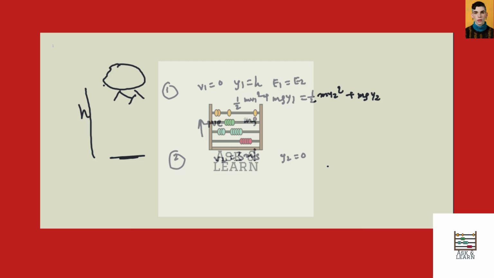So we have mgh, because this velocity is 0, equals on the right hand side half m V2 squared, because Y2 is 0 here. So if you solve that, you will get h equals V2 squared over 2g, and that should give you 2.8 meters. The pilot should shut off the engine at this height for it to land safely at 3 meters per second.